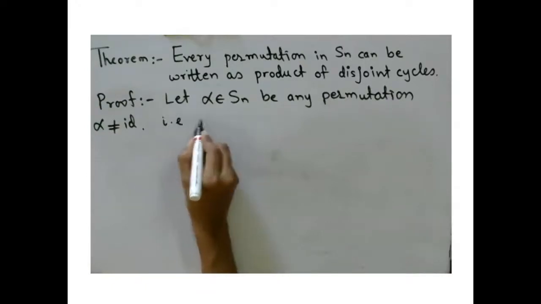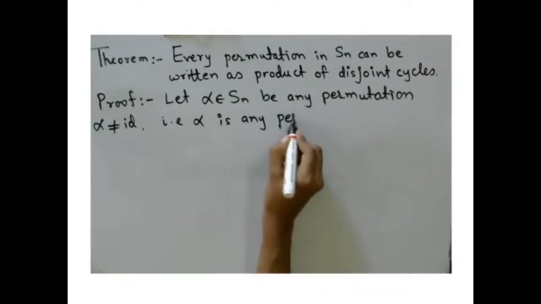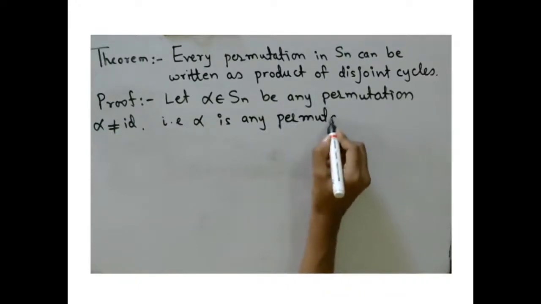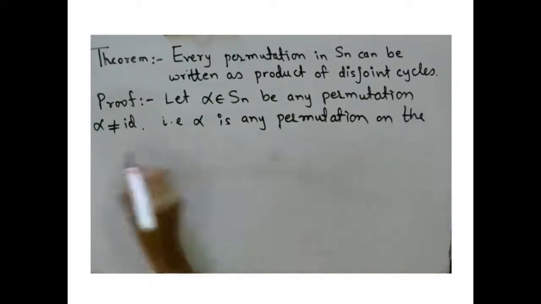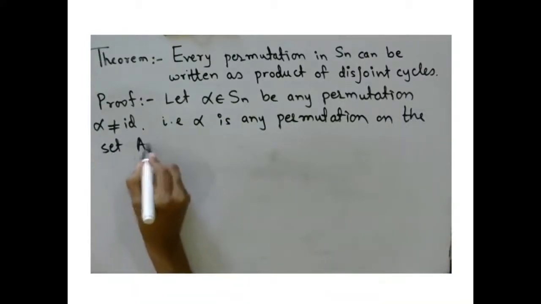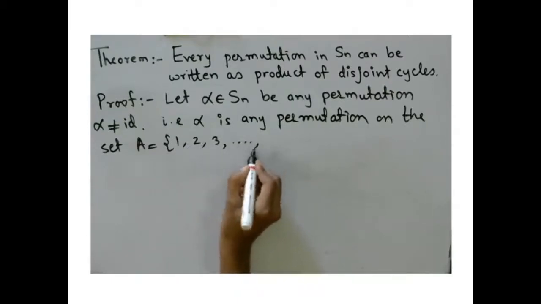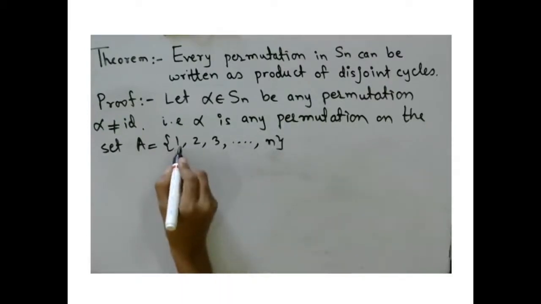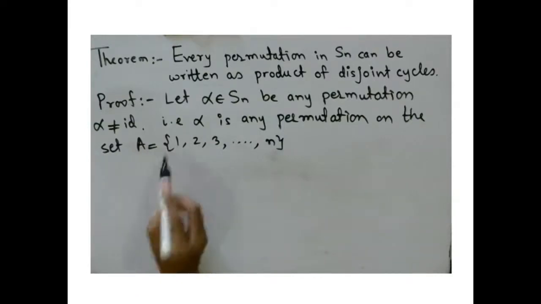That is, alpha is any permutation on the set A equal to 1, 2, 3 up to n. Alpha is a permutation on this set, meaning alpha is a bijection from the set A to itself.